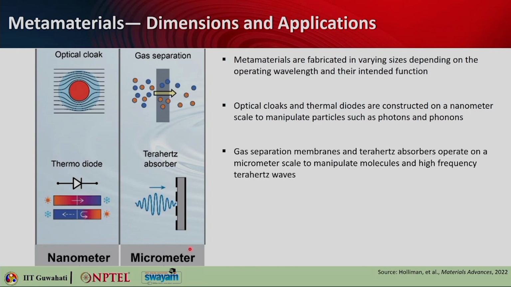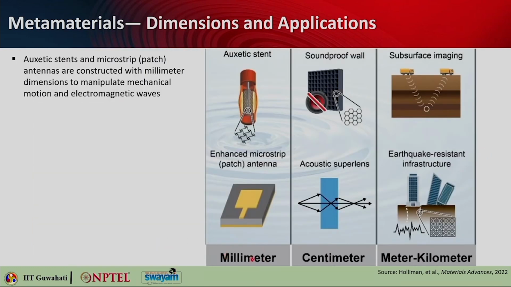In micrometer scale you can think of gas separation membranes and terahertz absorbers, which could manipulate molecules and high frequency terahertz waves. So these are the two scales, nanometer and micrometer scale. You can also find metamaterials in millimeter scale, centimeter scale, and even meter and kilometer scale.